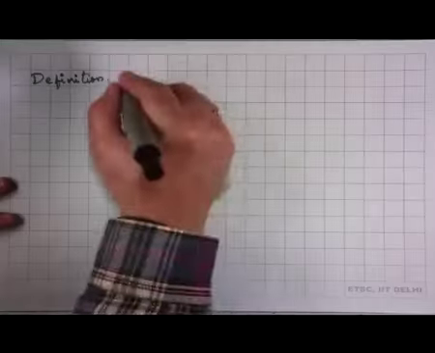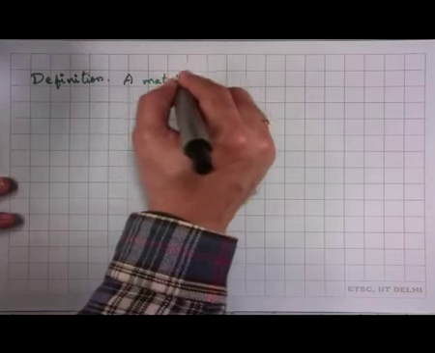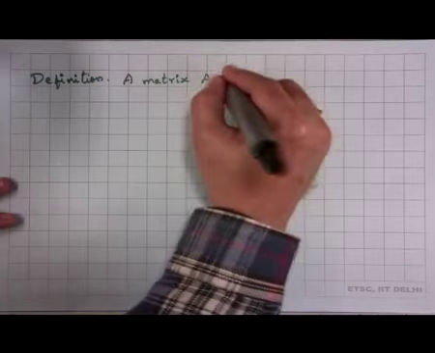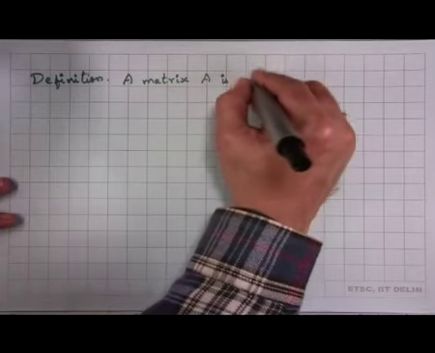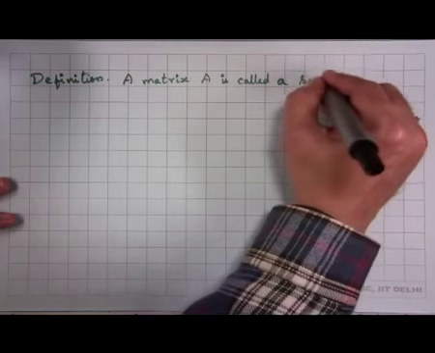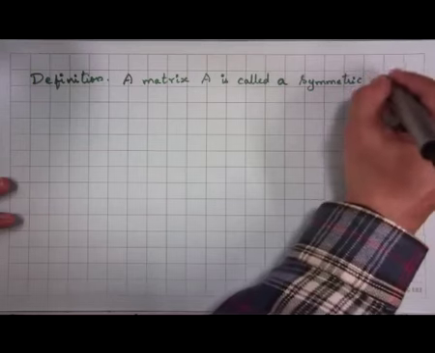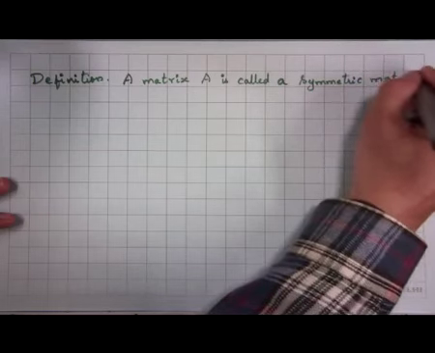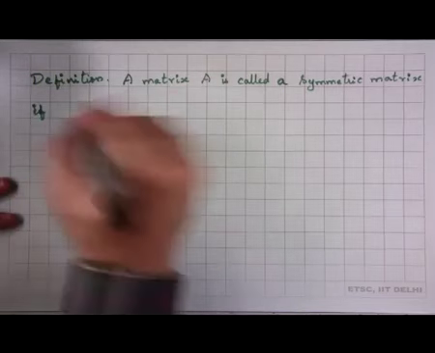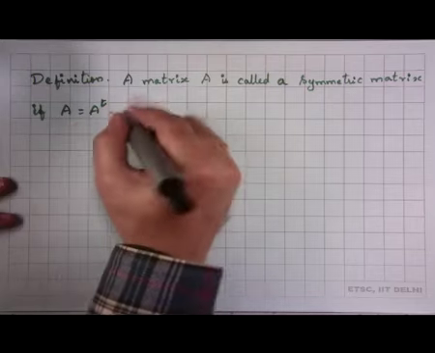Fine. Let me go to the next definition. A matrix A is called a symmetric matrix if A equal to A transpose.